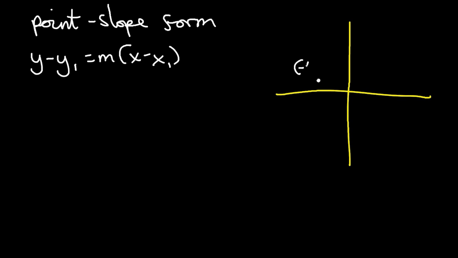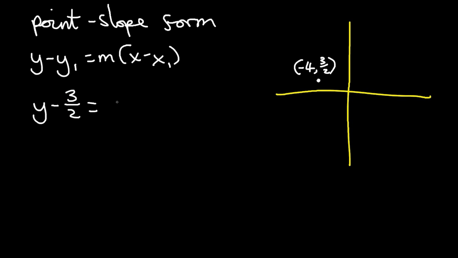Let's say this point is -4, say 3/2 on the y-axis. It's 1.5 units up.